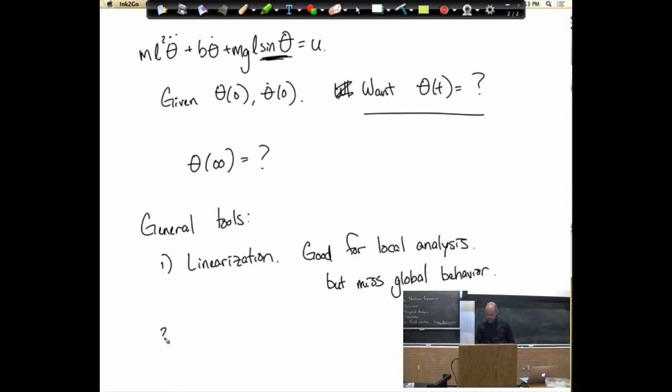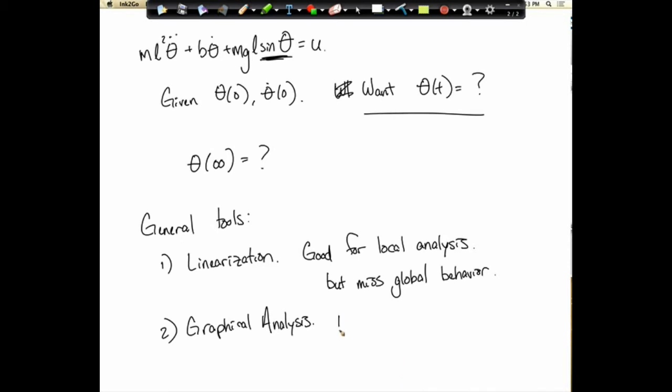And the other class of tools that I want to talk about today are sort of a graphical analysis. There's a great book by Steve Strogatz, which is one of the recommended optional additional readings for the course.